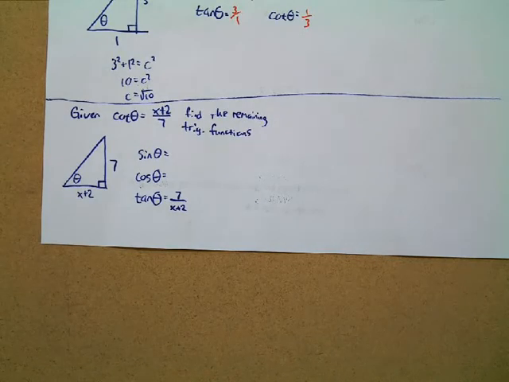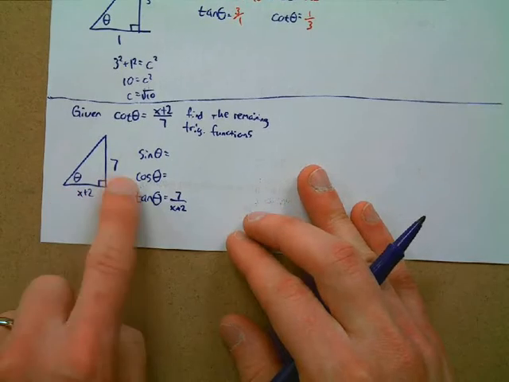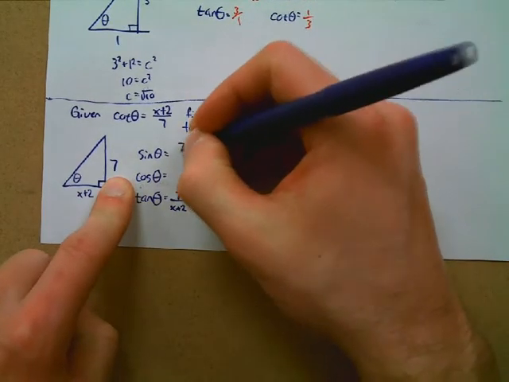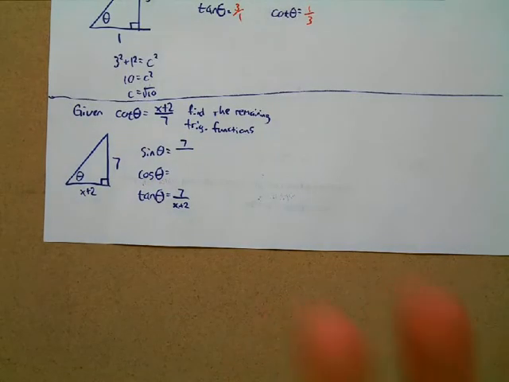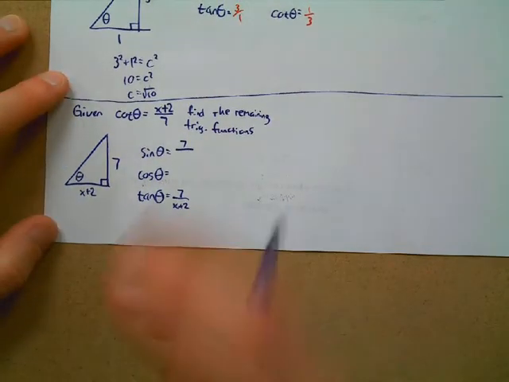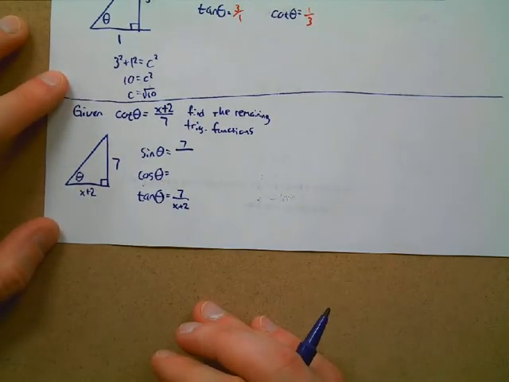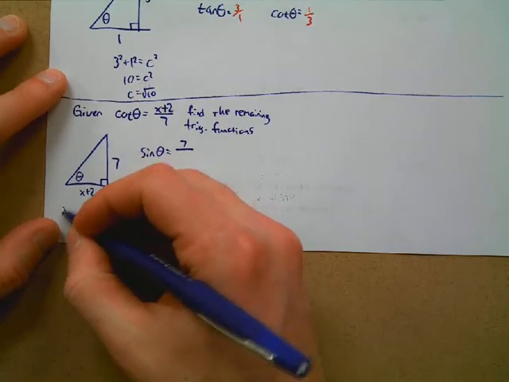So it'll be (x + 2)^2 + 7^2 equals, and then our hypotenuse there, I'll call it just c, I guess, since we're already using x. Okay?